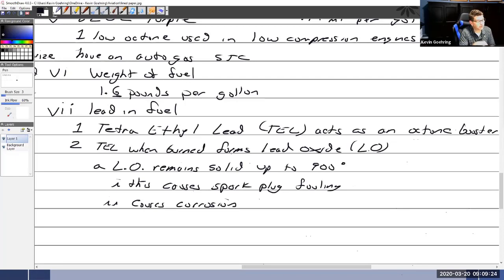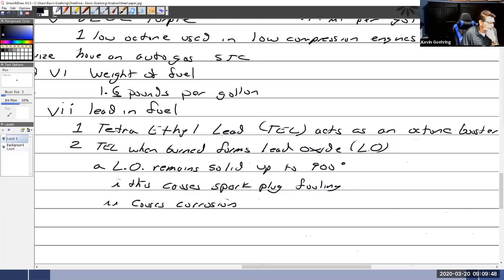They will literally fill up and come to a point where it just encapsulates it. I wonder if I have a picture of that. Let me see. I don't have spark plug fouling pictures. It's more of a spark plug class thing.